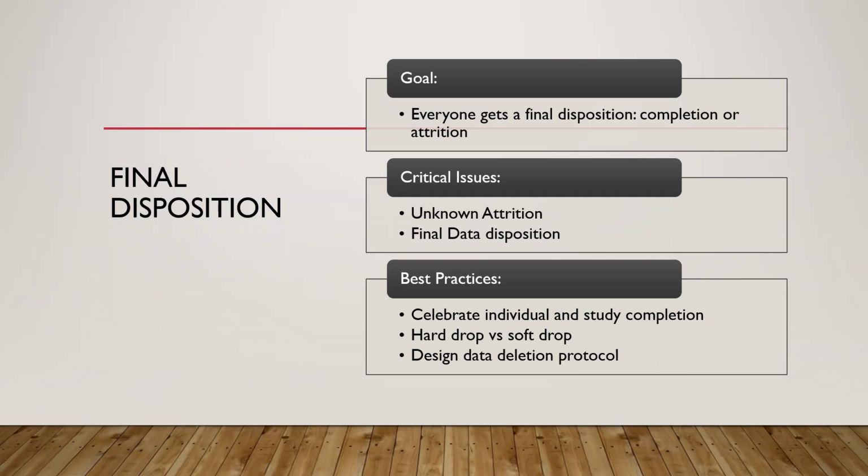But if you're doing a panel, a bunch of surveys, and you have this big pool, soft drops can save you some time in terms of contacting folks and data cleaning. You say, look, we're not going to contact you, and we're not going to consider you a part of the panel since you haven't completed any surveys in the past 6 months. That's just a way of keeping your data clean.